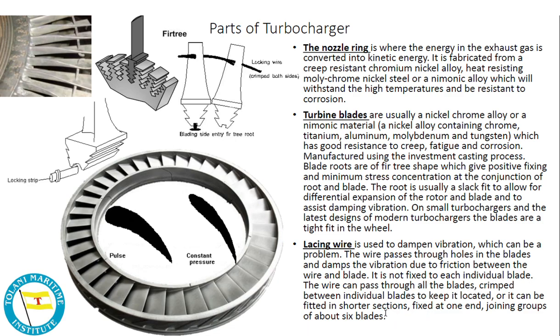The wire can pass through all the blades, crimped between individual blades to keep it located, or it can be fitted in shorter sections fixed at one end, joining groups of about 6 blades. It is fixed at one end. 6 blades together are combined with this lacing wire or locking wire. It is crimped on both sides. For the fir tree arrangement, you have understood. This is the lacing wire that you can see.